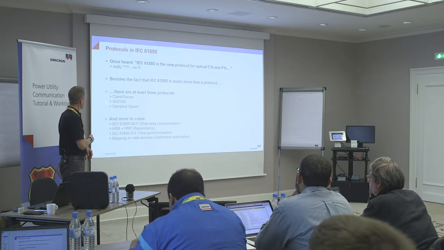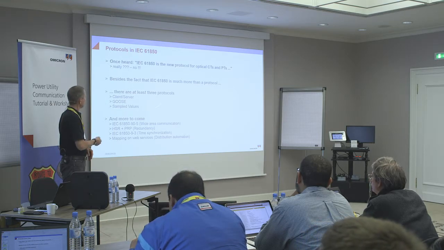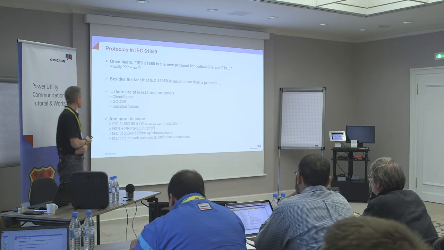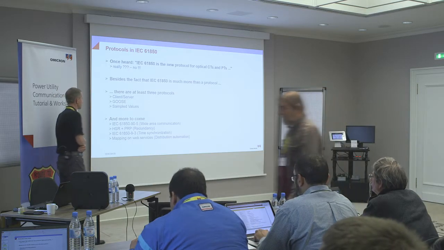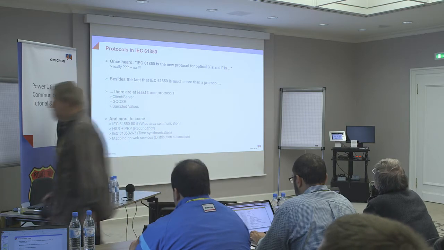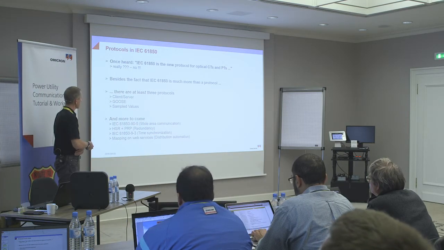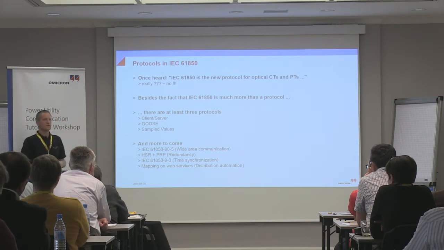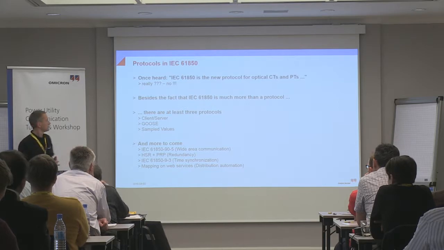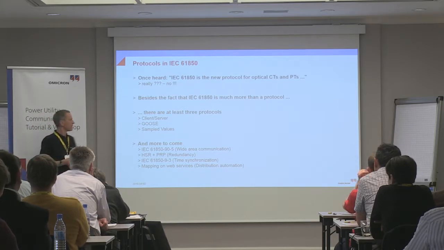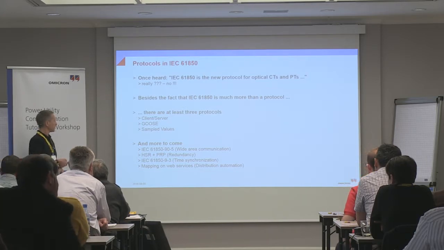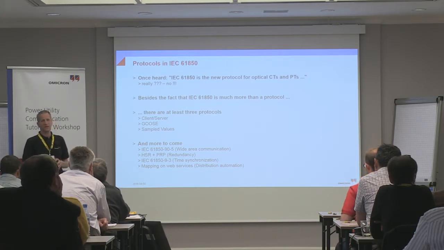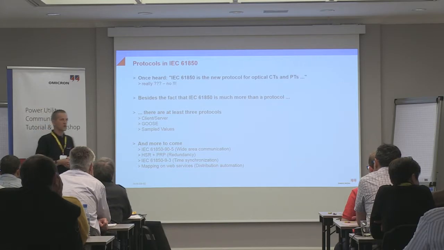I want to go after these three most prominent protocols: the client-server protocol, GOOSE, and Sampled Values. To be honest, there is much more which can be called a protocol. We have the 61850-90-5 part, which covers what is called by Alex the routable GOOSE, to bring this information over wide area communication networks. We will hear about the redundancy protocols which have been included in the 61850 scope.